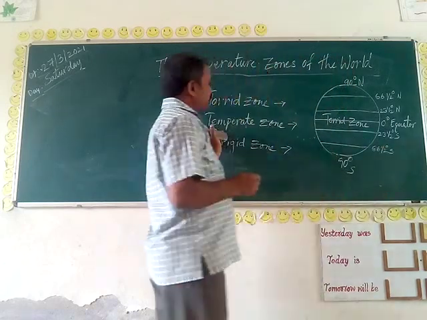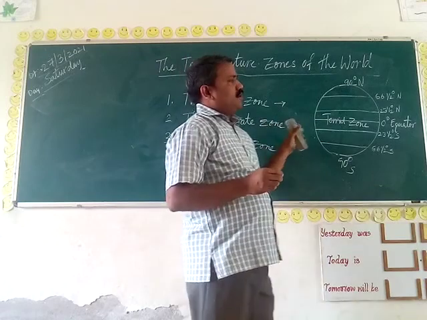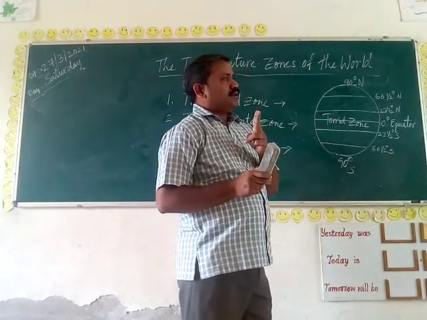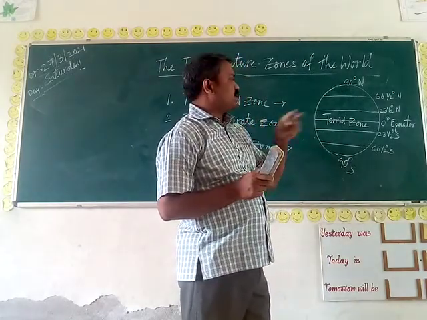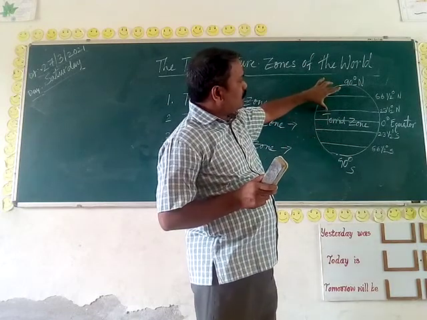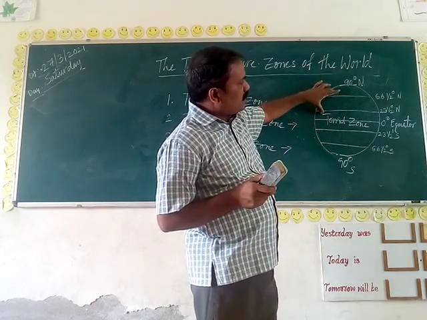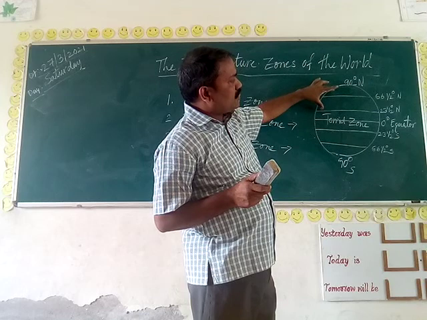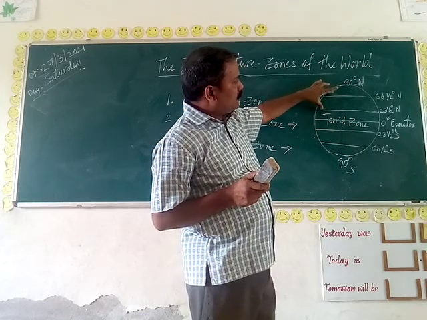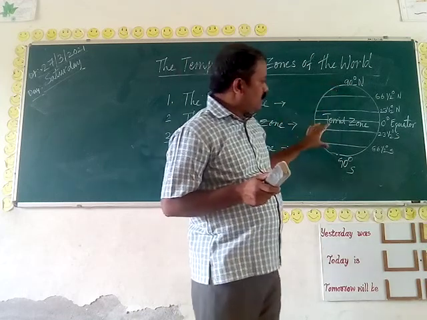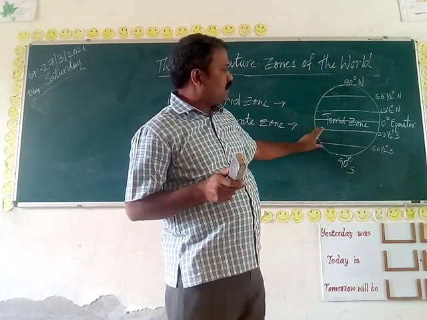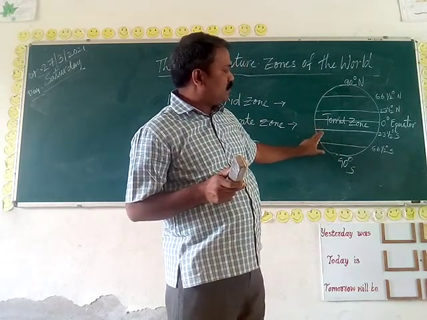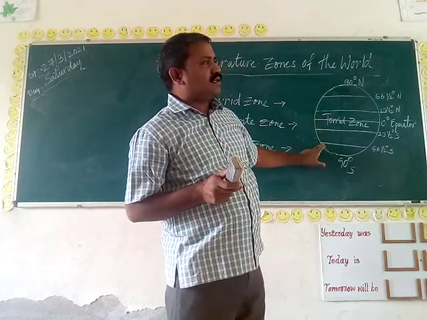So the temperate zone is divided into two according to its location. In the northern hemisphere, from 23.5 degrees north to 66.5 degrees north, and in the southern hemisphere, from 23.5 degrees south, the Tropic of Capricorn, to the Antarctic Circle.